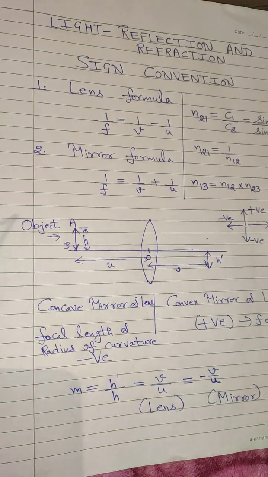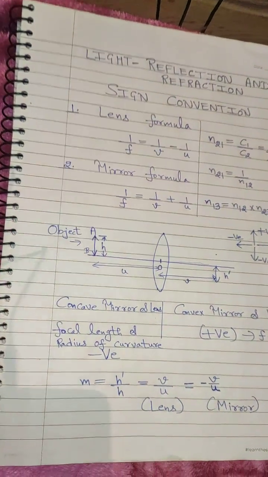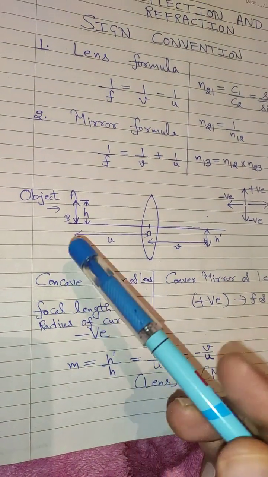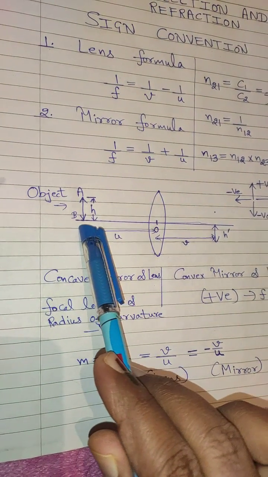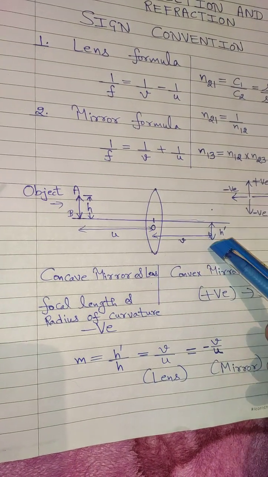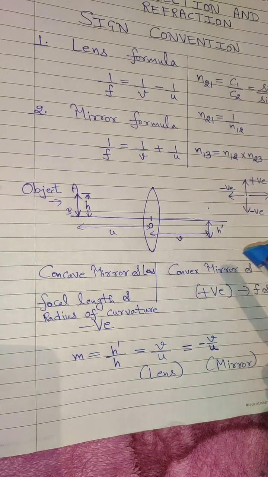Below we have the figure of a convex lens, and you can see in this figure the object AB, and the image is formed A'B'.